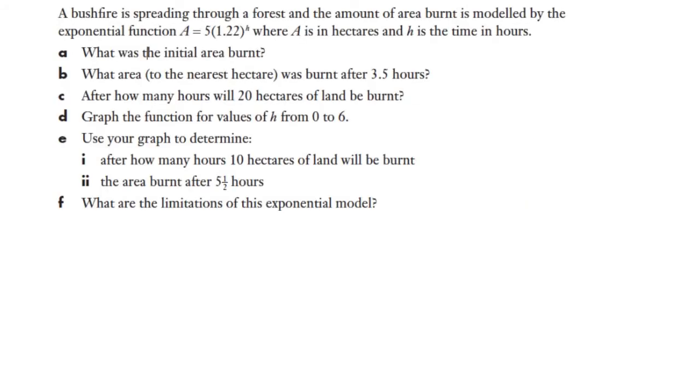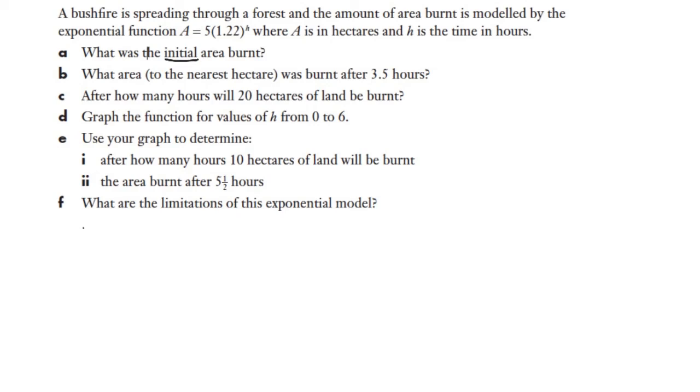Last question I want to have a look at here is about a bushfire spreading through a forest. We've got an exponential model here. A equals 5 times 1.22 to the power of h, where h is the number of hours and A is the area that is burnt. So what is the initial area burnt? Well, initial is our word meaning at the start.